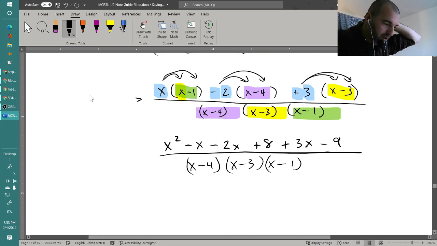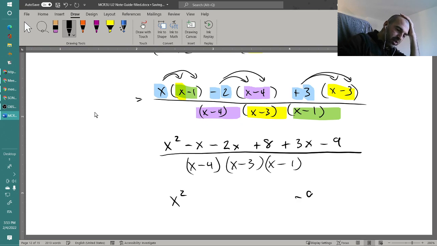A couple of like terms here are going to be x squared and 9. Those guys are not like terms. I've got a couple of x's. I've got 3 of them, it looks like. And 3 to the x. Oh no, the 9 and the 8 are like terms.